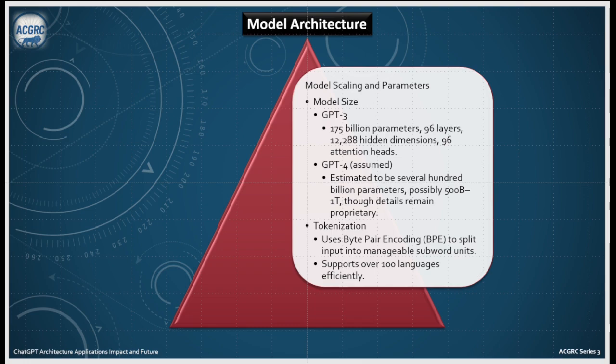Hope this helps with the context. In summary, the 96 layers means 96 sequential transformer blocks, allowing deep learning of complex patterns. The 12,288 hidden dimensions is the size of the hidden representation per token, and it captures rich, detailed understanding of meaning.